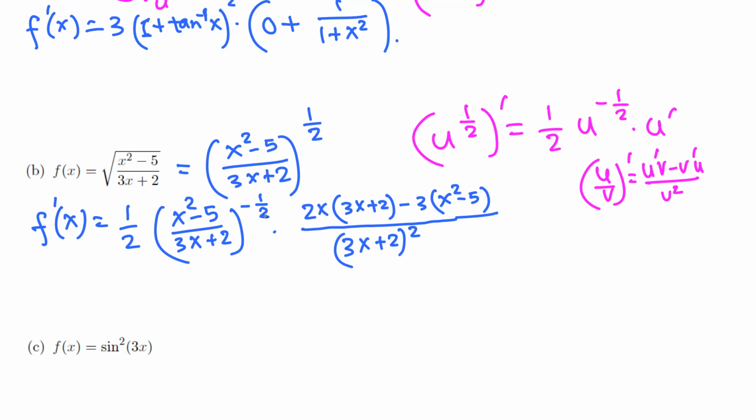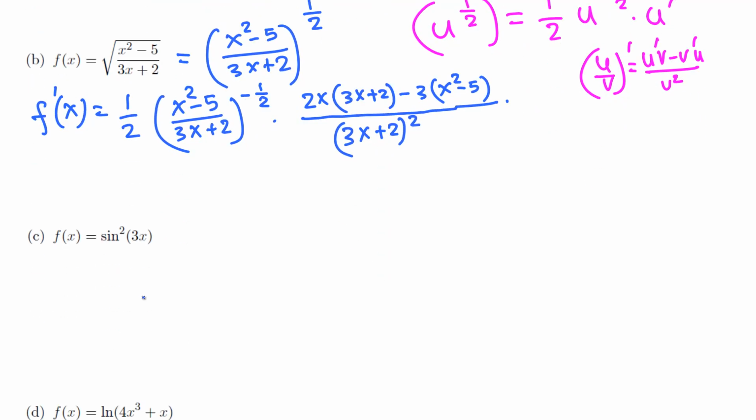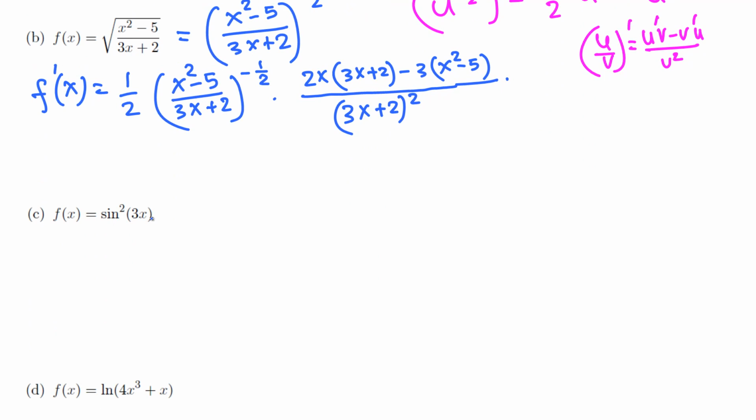And this negative 1/2, if you put this on the bottom with the 2, or flip this fraction, then the negative will be gone as well. In part C, sine squared 3x. This is in fact sine of 3x, quantity squared.